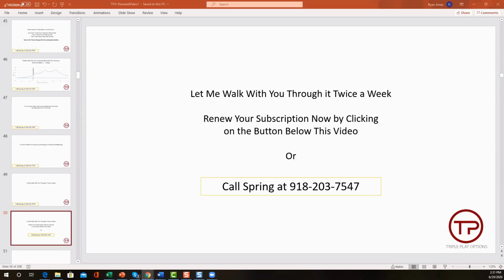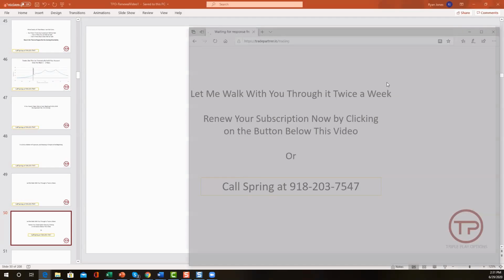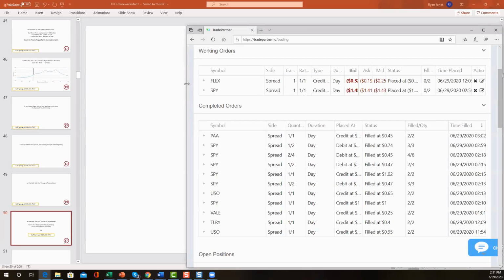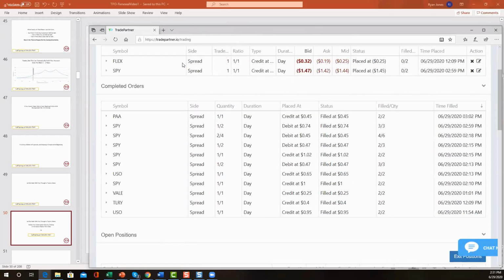Can you show us how to change or adjust the second order when using SmartFlow? That's a great question. So let me pull this one over. All right, this is a smaller account that I take all of my live trades in.